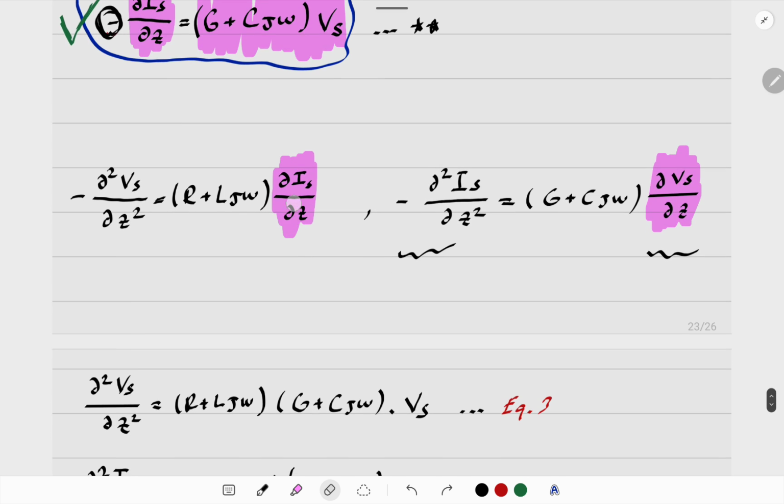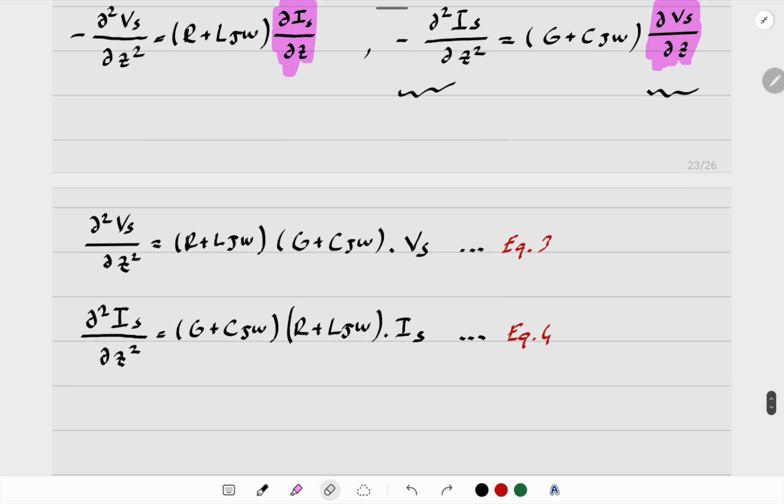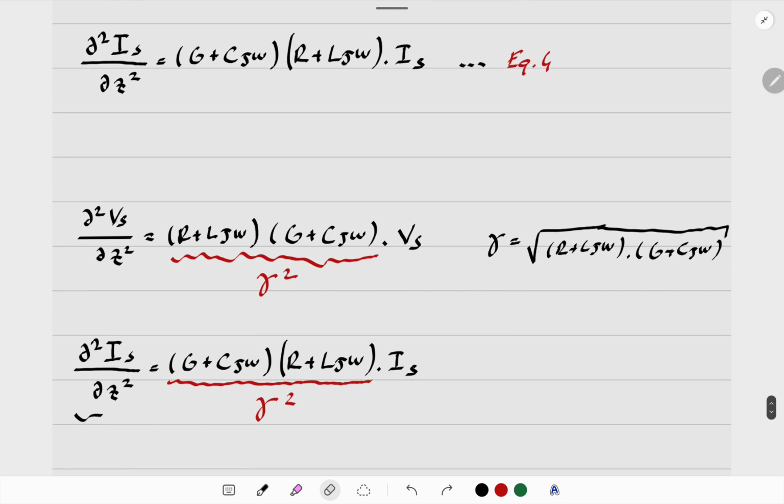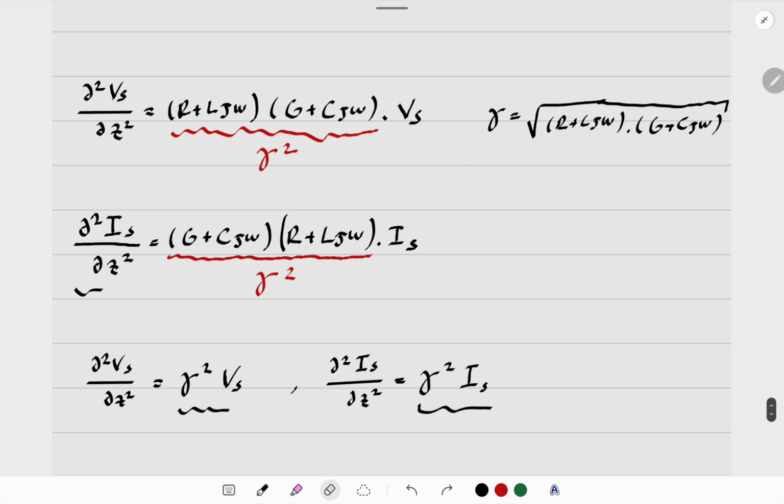And when we fill in this information on the right side, we see that del square Vs over del z square equals this one, and del square Is over del z square equals this one. We see that for equations 3 and 4. At last we call this part gamma, and when we take the square root, we are dealing with this parameter over here.